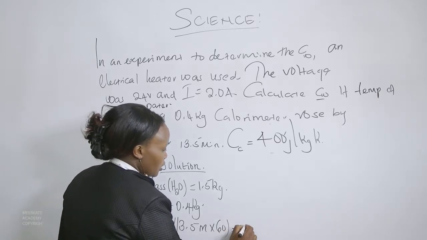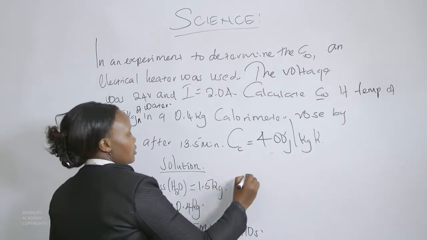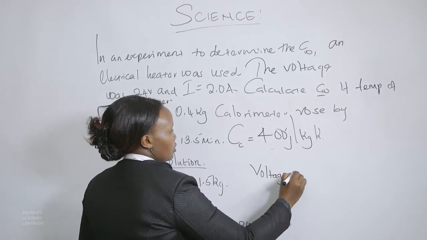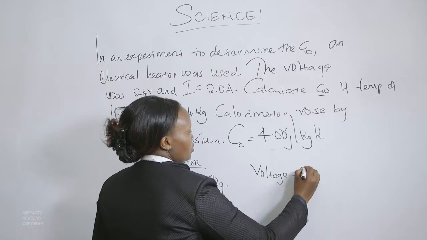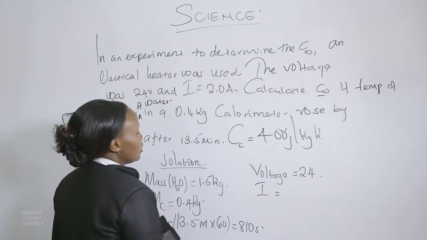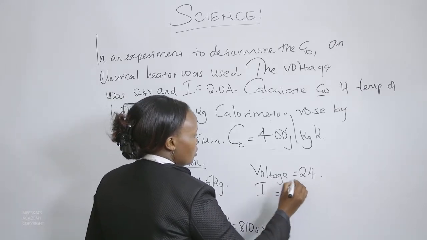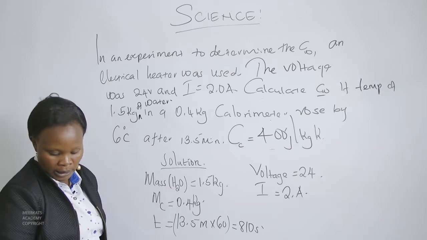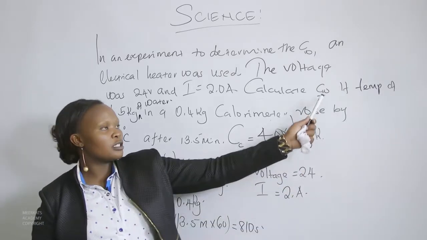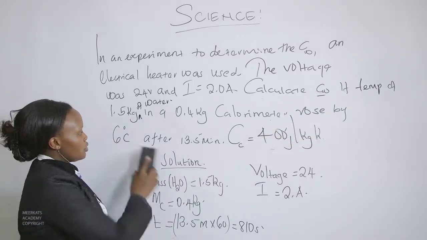We get 810 seconds. Then we have the voltage being equal to 24. Current is 2.0 amperes. Now we are supposed to calculate the specific heat capacity of water using the information.